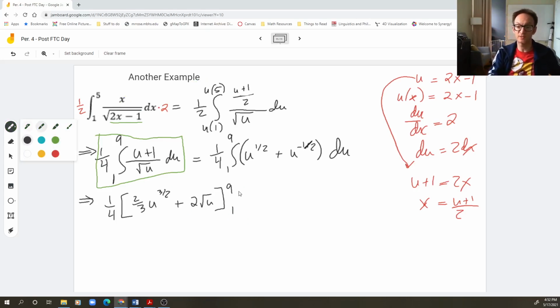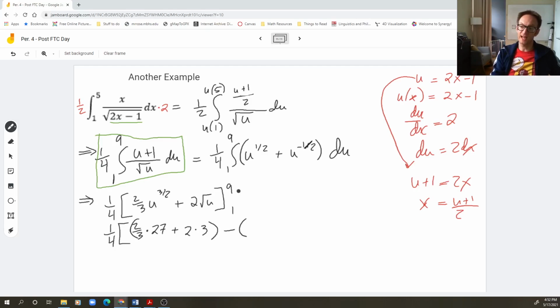I just have to do some arithmetic. So what do I have here? I have 1/4 times, well, I plug in 9, and I get 9 to the 3 halves is 27. So I get 2/3 times 27 plus 2 times root 9, which is 3, minus what I get when I plug in 1, which is 2/3 plus 2.